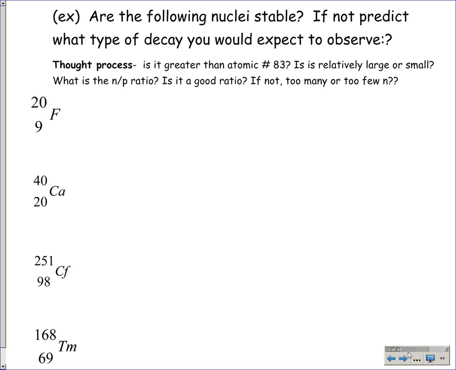So looking at our first example, you've got fluorine, with atomic number 9, which means you have 9 protons, and mass number 20, which means you have 20 mass.